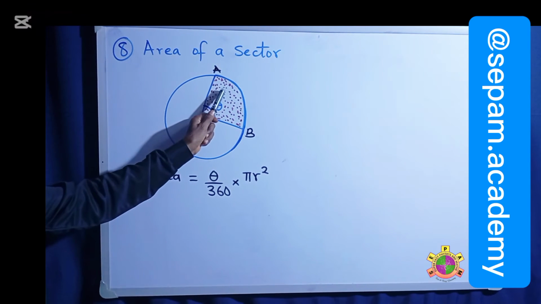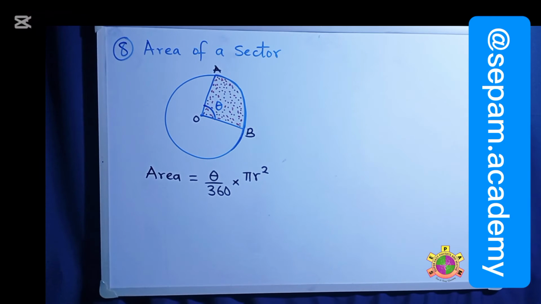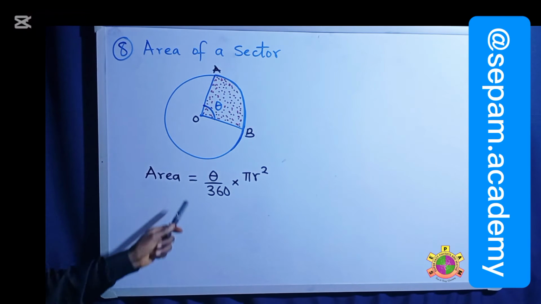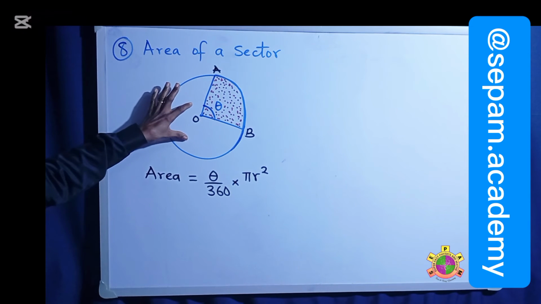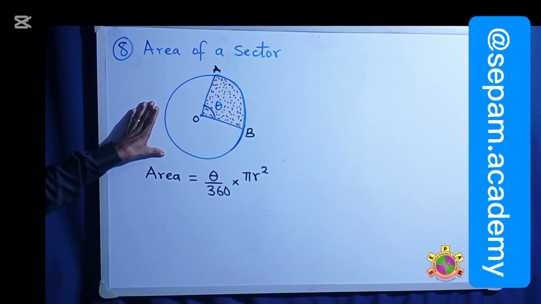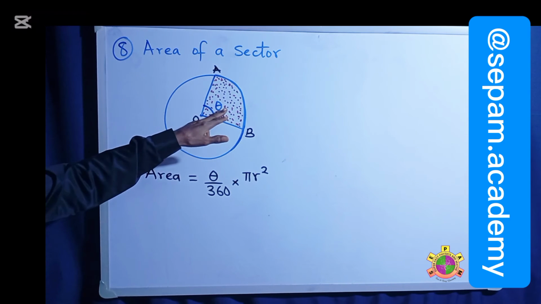So this shaded red portion is called a sector. So how do you calculate it? A sector is just a fraction of the circle. So once we know the area of the circle, we can get the area of the sector.